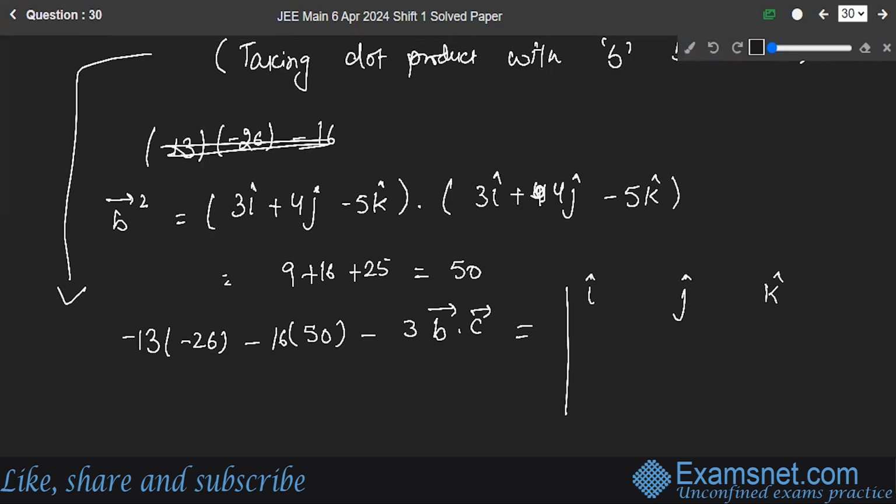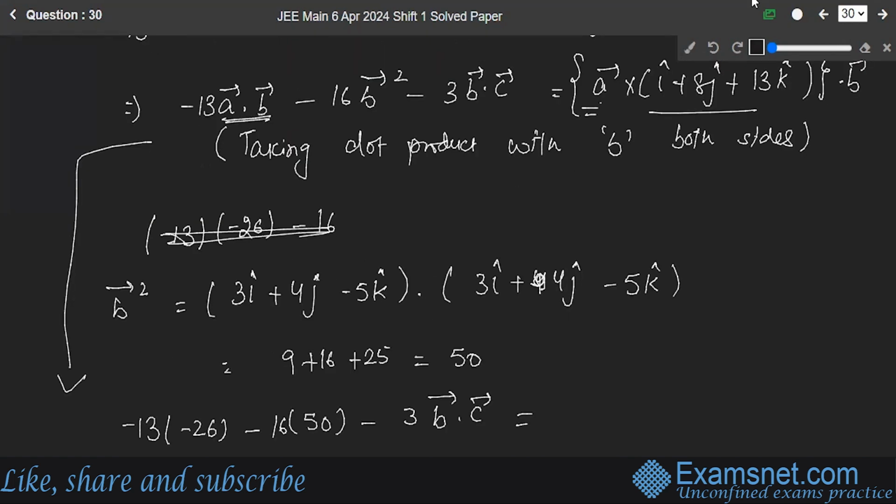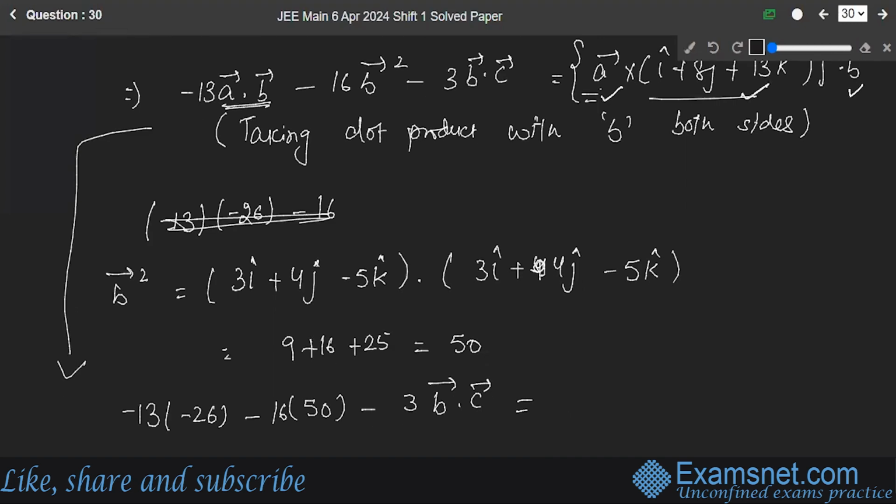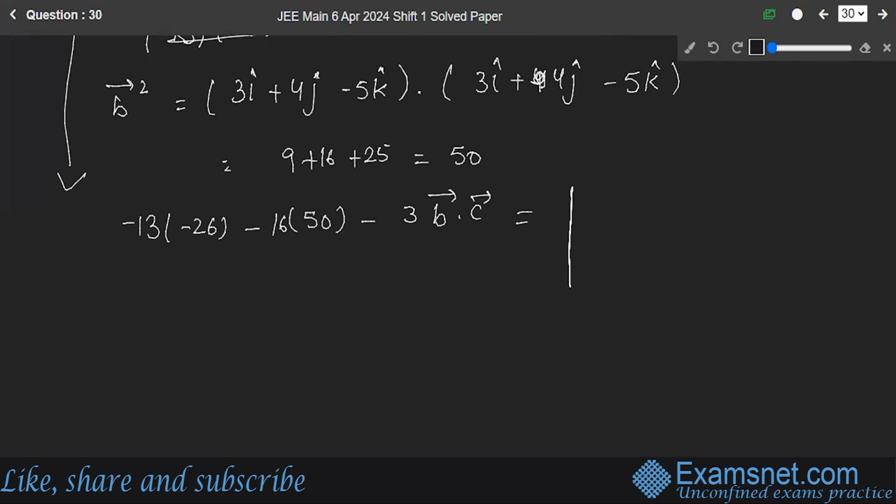What was your a vector? 2 minus 3 and 4. Okay, this is with the b vector also, dot product. So taking all of them, like this a cross b dot c, this will be written as a was 2 minus 3 4, and that was your 1 8 13, and your b was 3 4 and minus 5.